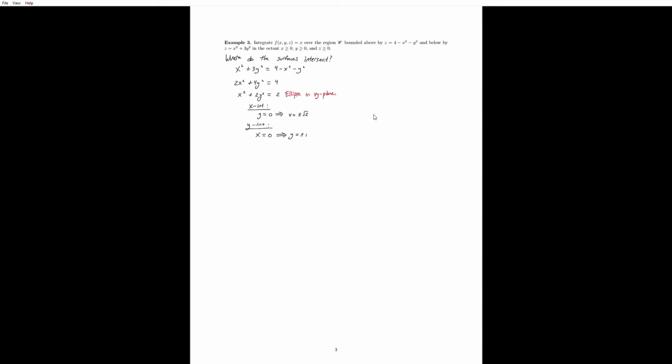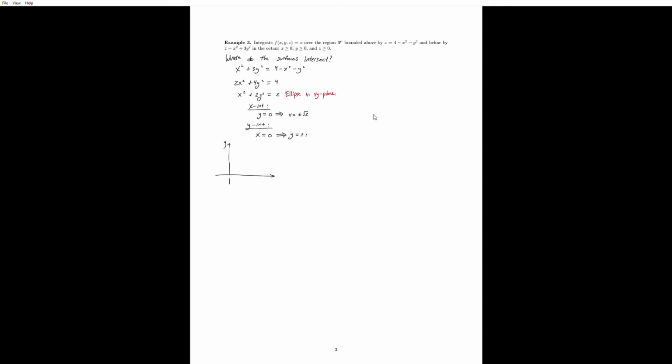Now we're in the first octant, which means in the xy plane we're in the first quadrant, so we don't care about the negative roots of either of these. We just want the positive root 2 and positive 1. So we'll go ahead and sketch these now in the xy plane, first quadrant.